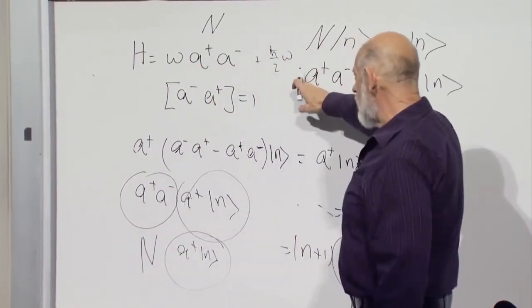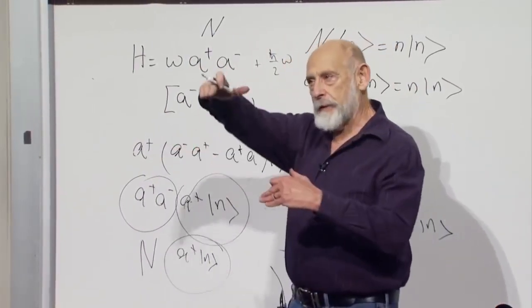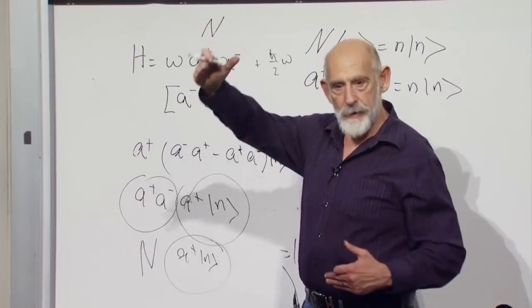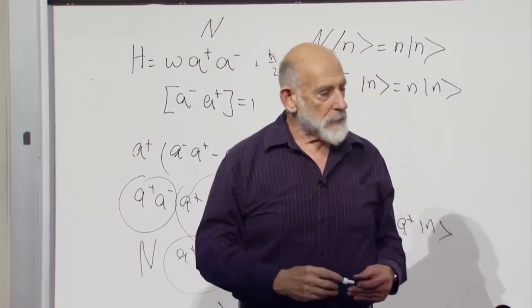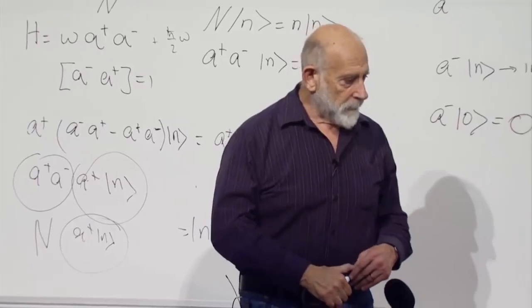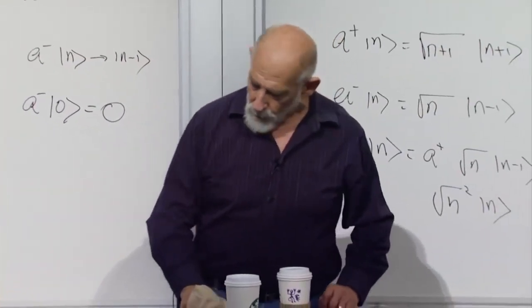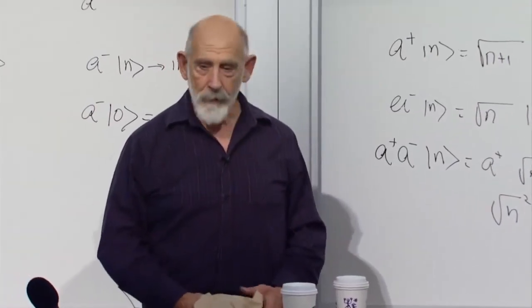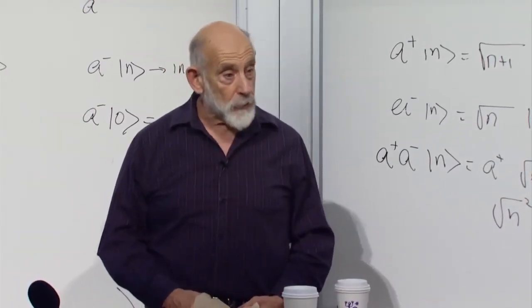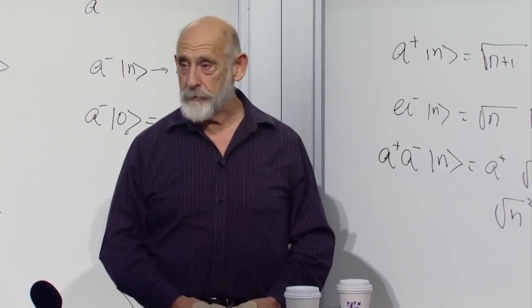So there's the ground state energy plus on top of it the spectrum of integer spaced levels. That's the harmonic oscillator. We'll play with it more, but more important, we'll use it to solve some important problems.